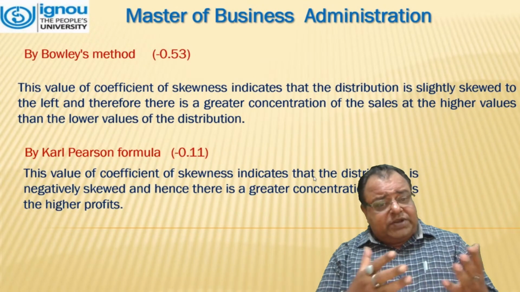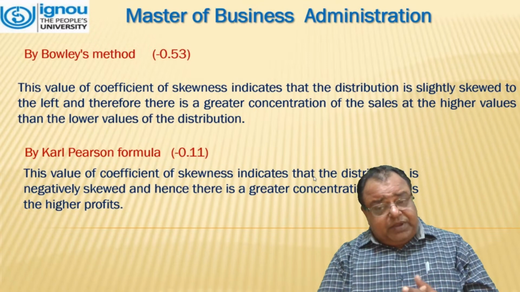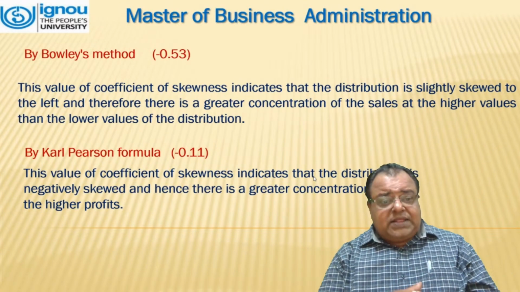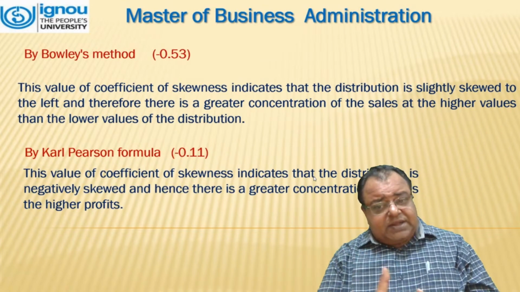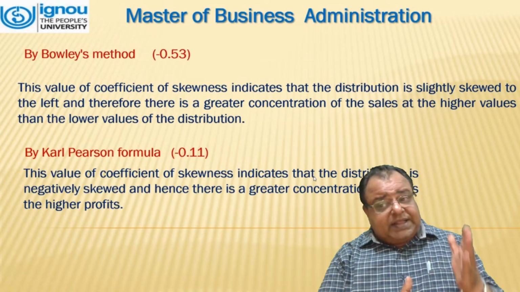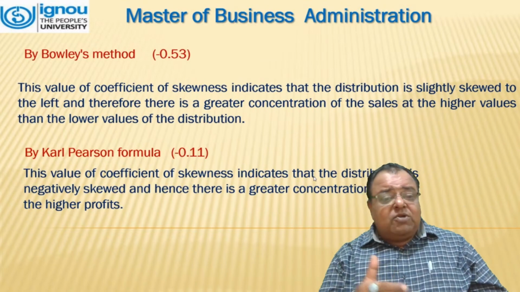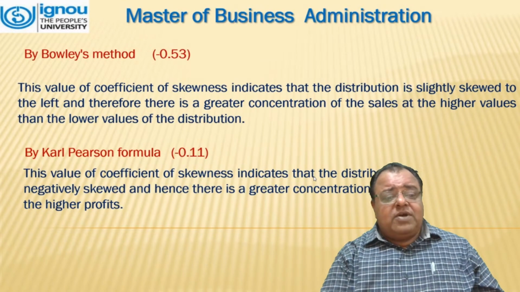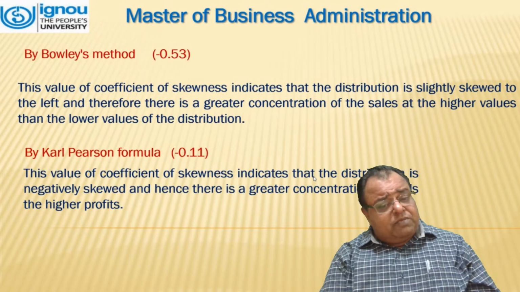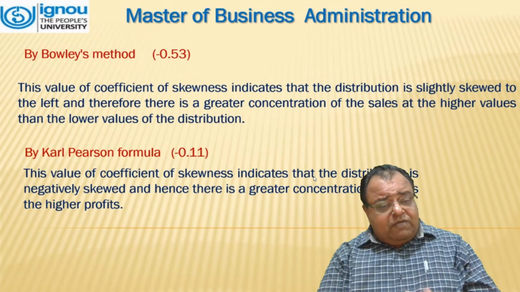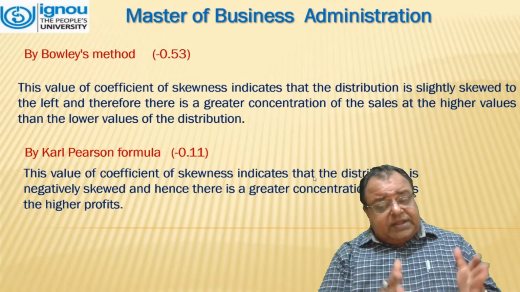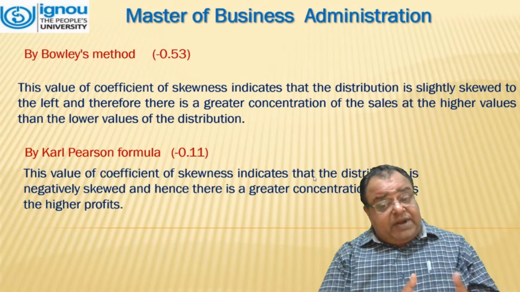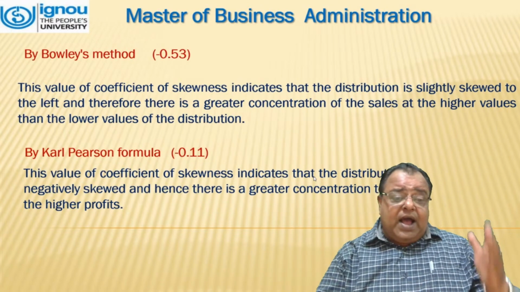This value of coefficient of skewness indicates that the distribution is slightly skewed to the left, and therefore there is a greater concentration of sales at the higher values than the lower values of the distribution. And for Karl Pearson method, we got negative 0.11. This value of coefficient of skewness indicates that the distribution is negatively skewed, and hence there is greater concentration towards the higher values.